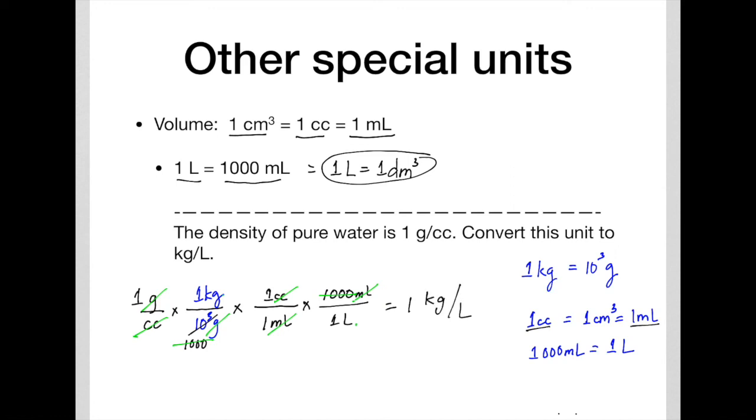So in terms of density, 1 gram per cc is just equal to 1 kilogram per liter. Or, let's say for example, my density is 2 grams per ml. That is just the same as 2 kilogram per liter. And that's it. Thank you for listening.